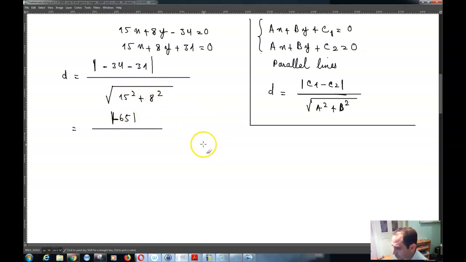And 15 squared is equal to 225. Just to make sure, 5 twos are 10, 5 twos are 225. So this is 225 and this is 64. So that's a 9, that's a 8, 289.